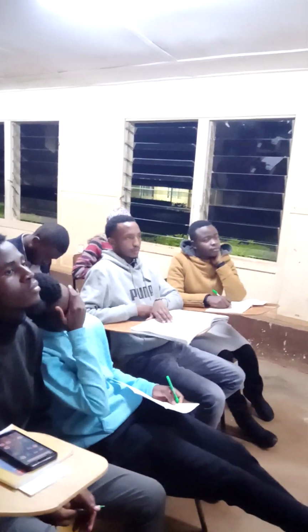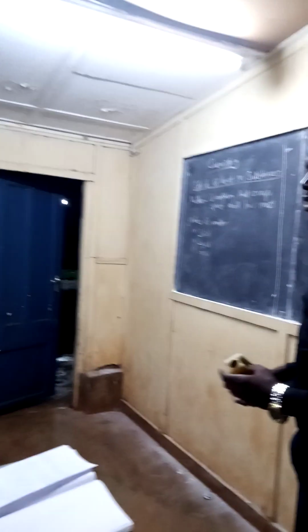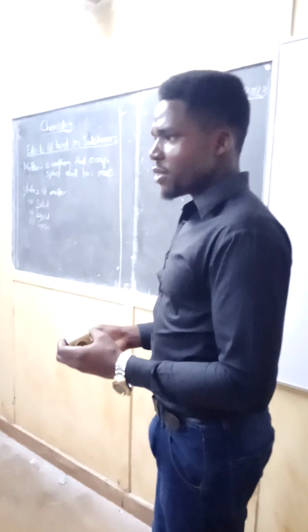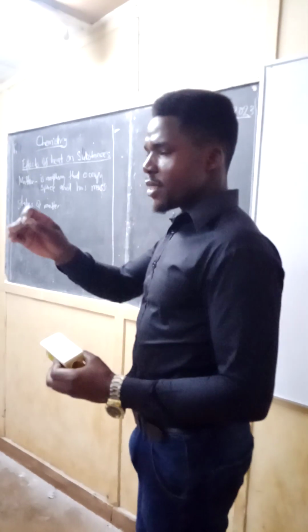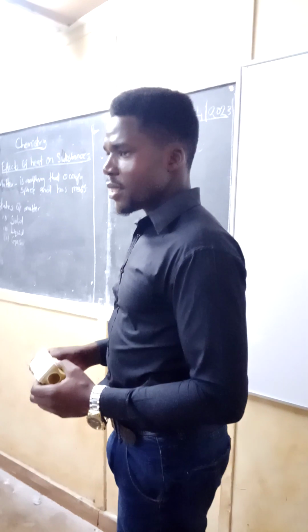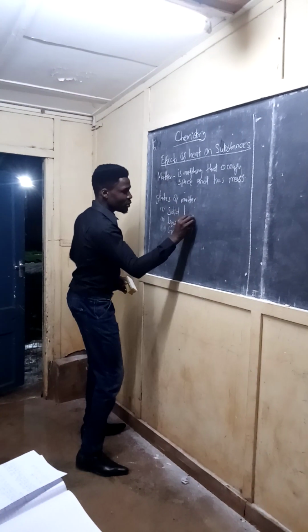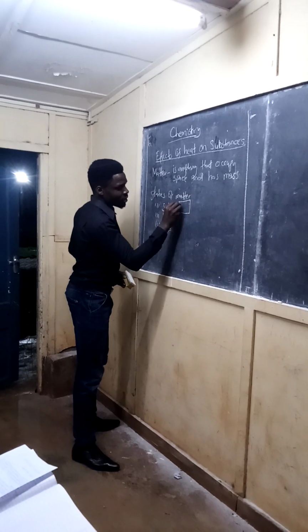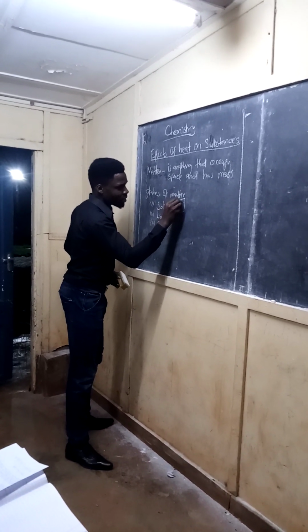When we say solid, what do you understand by a solid in terms of particles? Yes, they are closely packed. So when you see a solid, you see something like this. It is very closely packed.